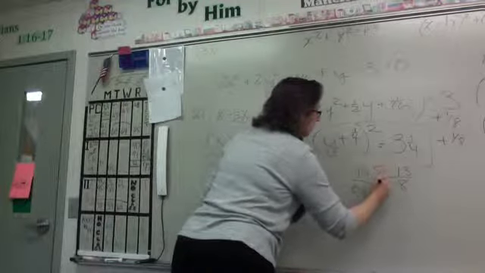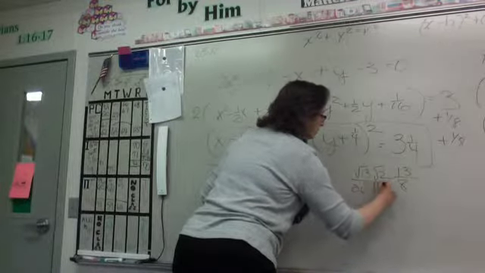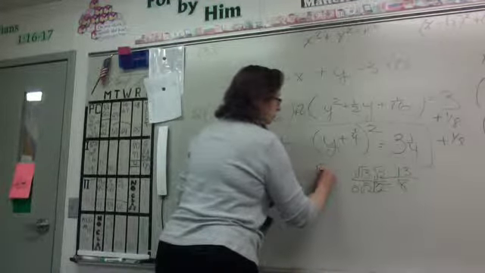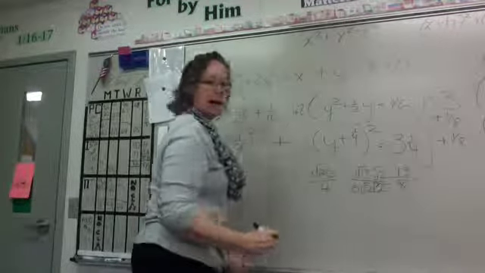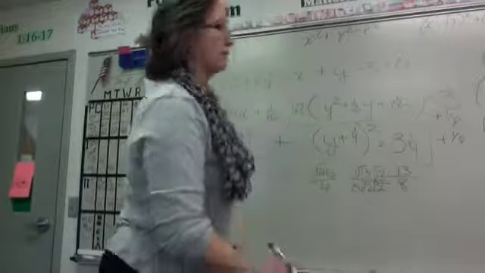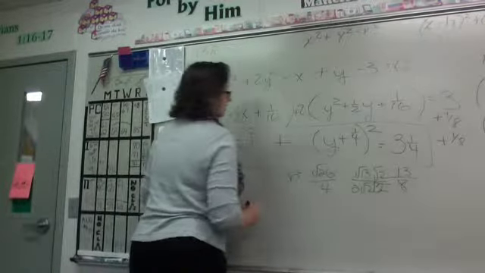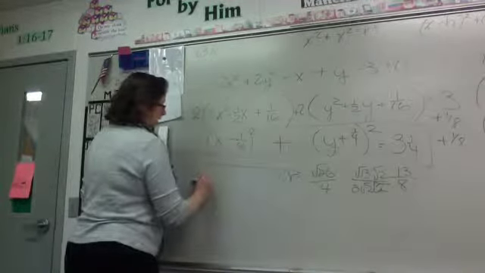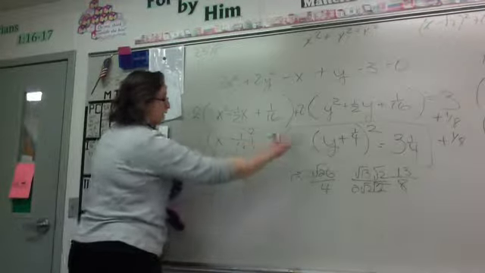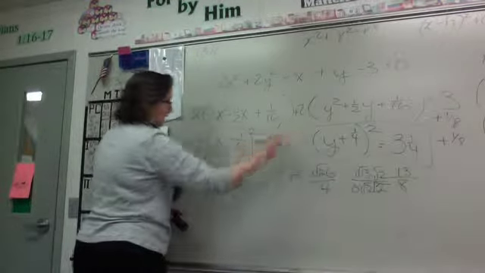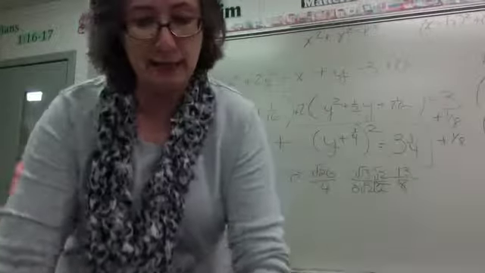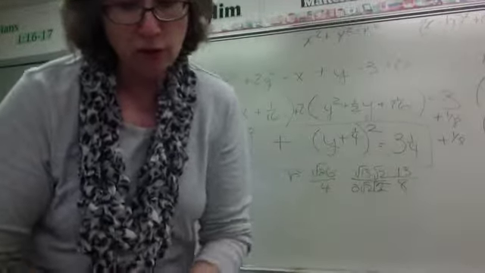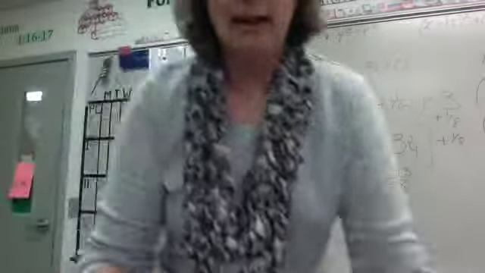But then when I multiplied it by the square root of 2, I get square root of 26 over what? 4? Okay, and that is the correct radius. So that's my radius. And these are negative 1/4 and positive 1/4. So positive 1/4 and negative 1/4 is your center. Okay, everybody.